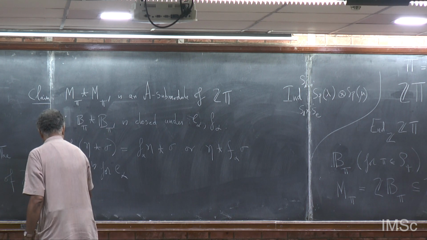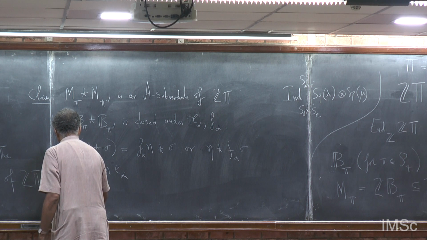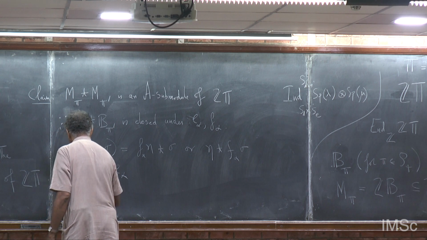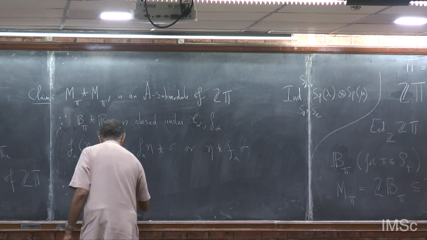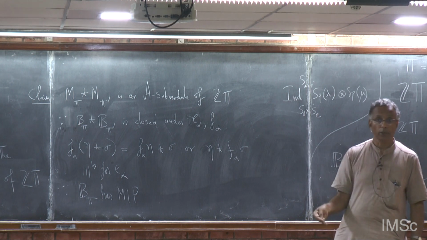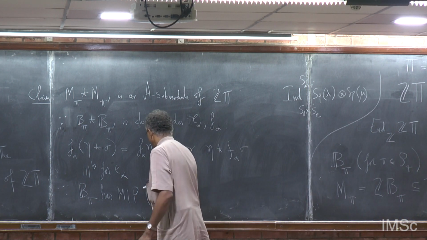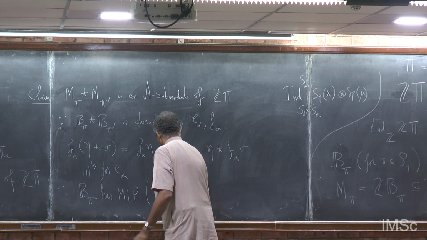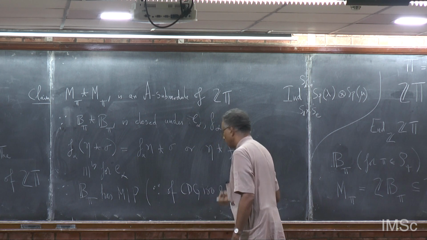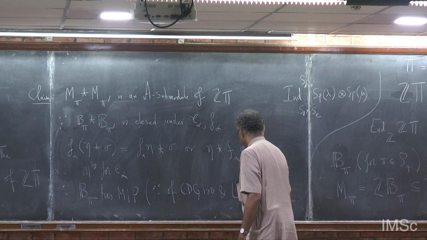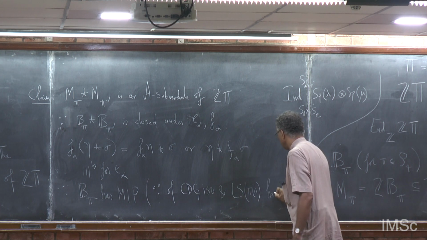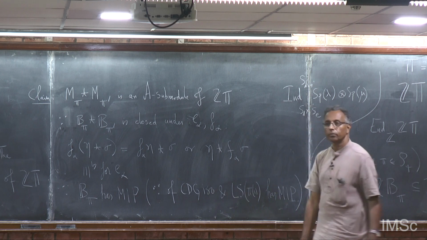The reason is that B pi has MIP, meaning every element of B pi has the minimal integrality property, and that is because of the colored directed graph isomorphism and LS paths of shape pi have MIP.